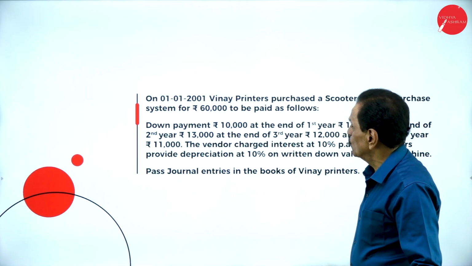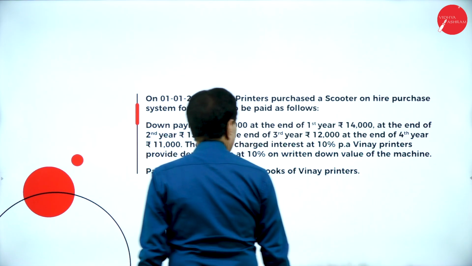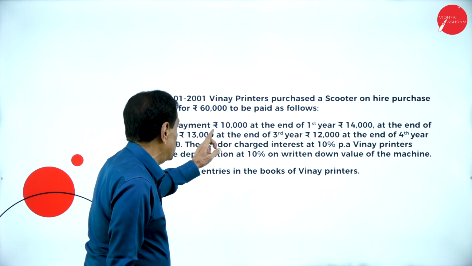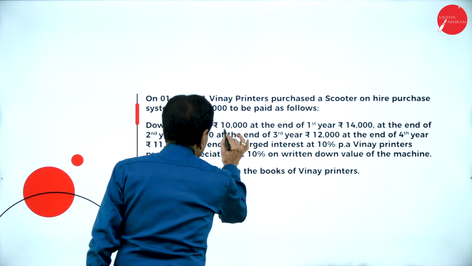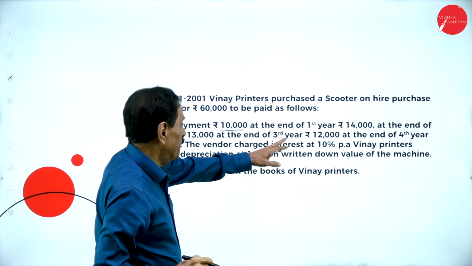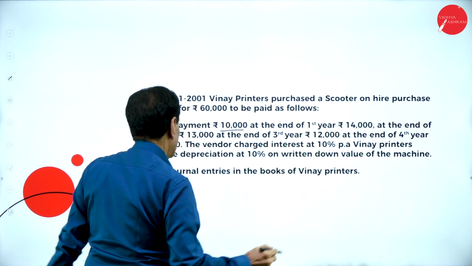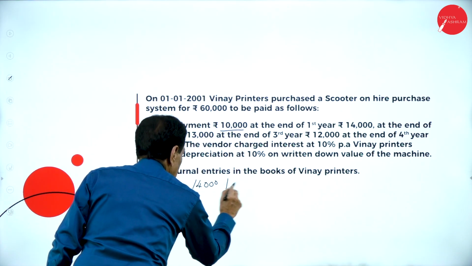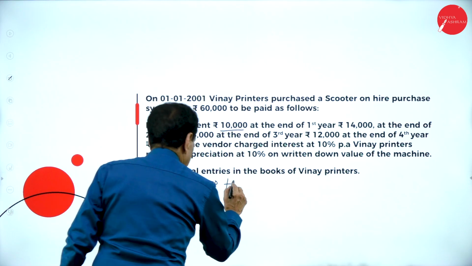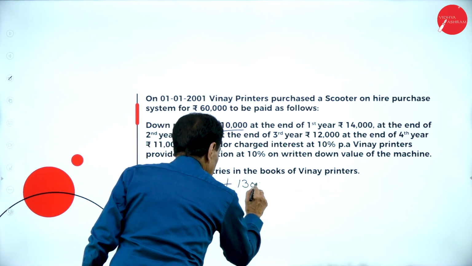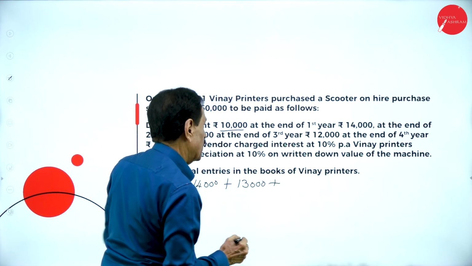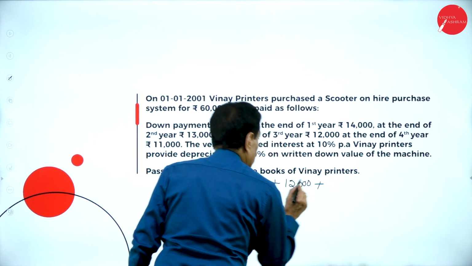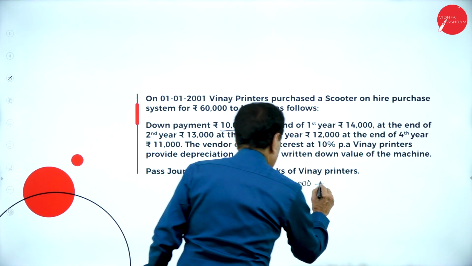On 1/1/2001, Vinay Printers purchased a scooter on hire purchase system for rupees 60,000 to be paid as follows: 10,000 down payment, at the end of the first year 14,000, second year 13,000, third year 12,000, then fourth year 11,000.